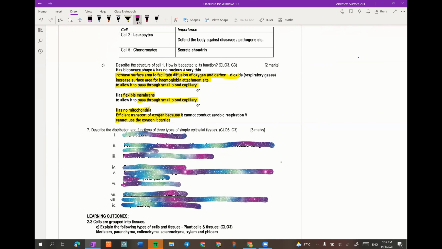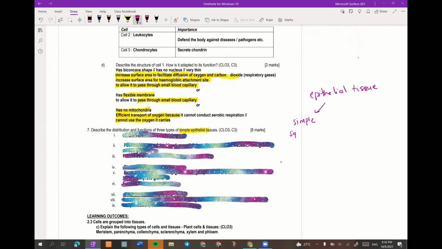So, kita sebenarnya ada 4, okay? Anyway, dia minta 3, awak nak bagi 4 tak ada masalah. I'm so sorry, dia minta 3 simple epithelial. So, kita ada 4 epithelial tissue.